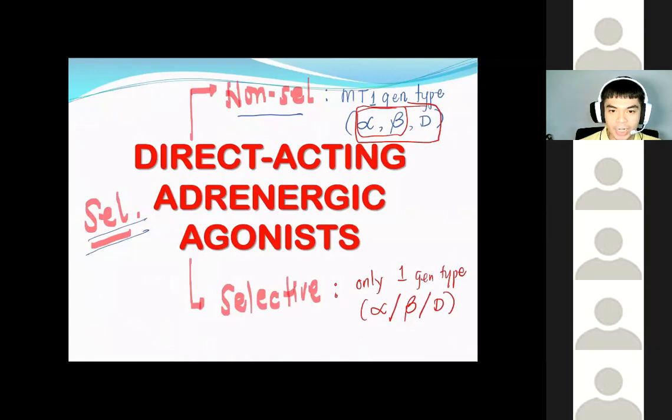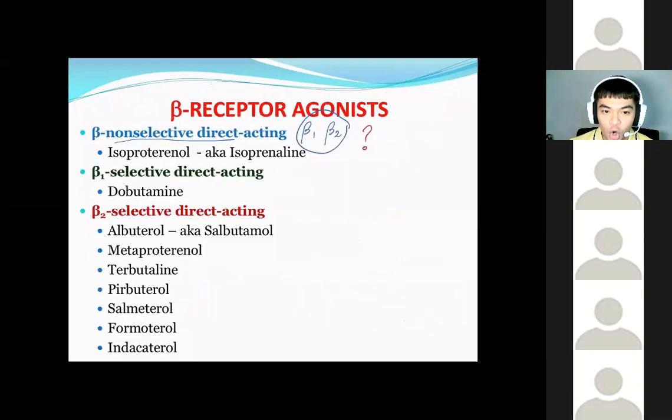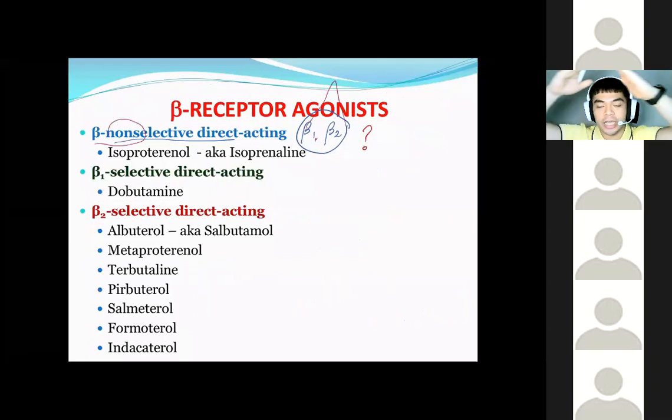Pag more than one, non-selective. Pag only one, selective. Pero naka-emphasize general type. Dapat magfo-fall pa rin siya sa iisang umbrella na puro alpha, na puro beta, na puro dopa. So halimbawa kay isoproterenol, oo, non-selective siya sa beta, pero at the end of the day, it falls under one umbrella, beta receptor. Kaya selective siya. Naintindihan?